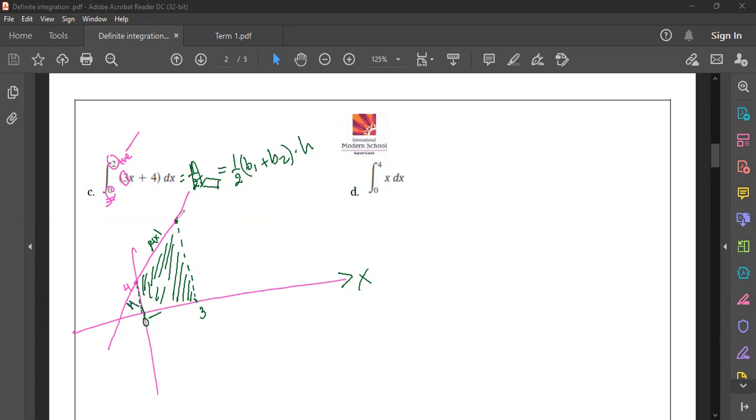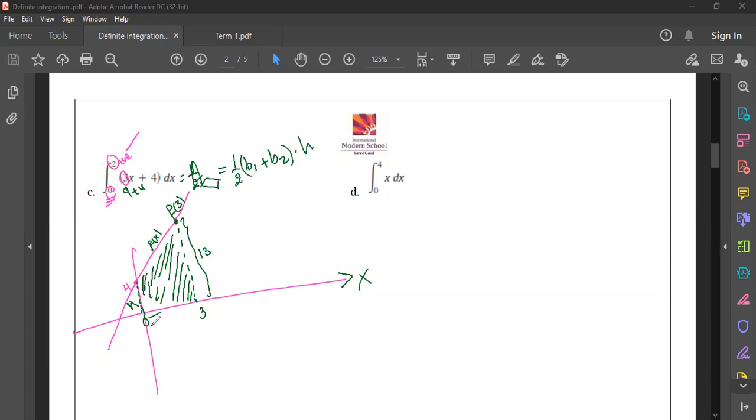Base 2, I don't know the value of this one. It is y, or f of 3. Just replace here: 3 multiplied by 3 is 9, plus 4, it will be 13.